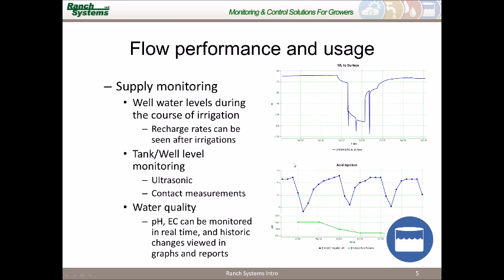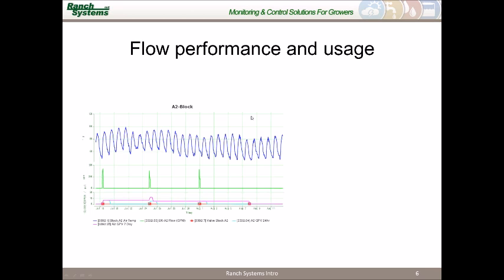You don't see the irrigation valving underneath, but this is just to illustrate the point that as soon as the main well is turned on, you can see that the water level drops in the well and significantly comes down. And this can be used to alert the user of any issues, of various things. And we'll be showing these a little bit more in detail at the end, when we'll be looking at the graphs.